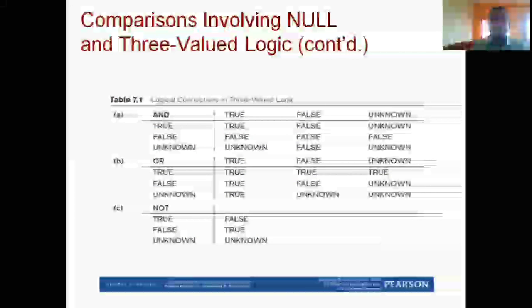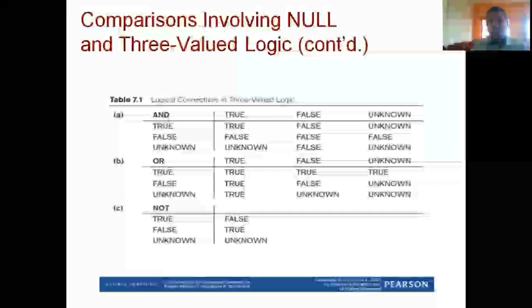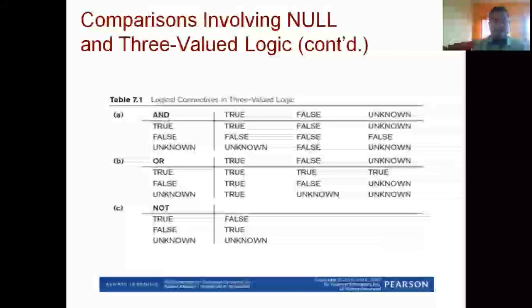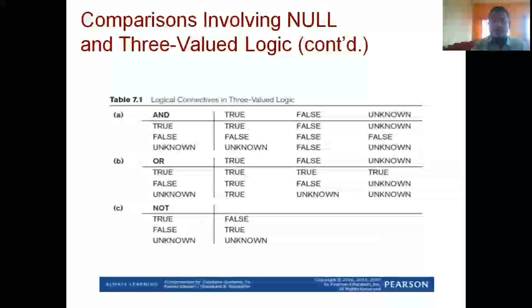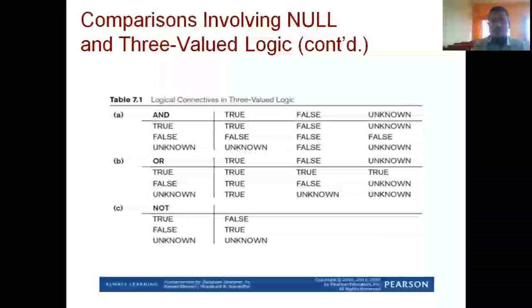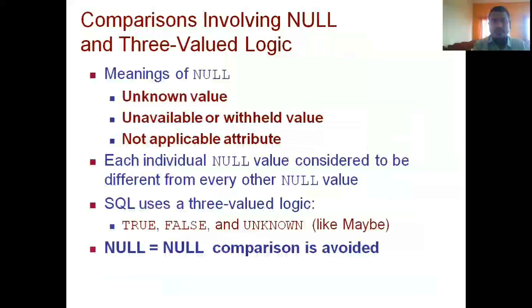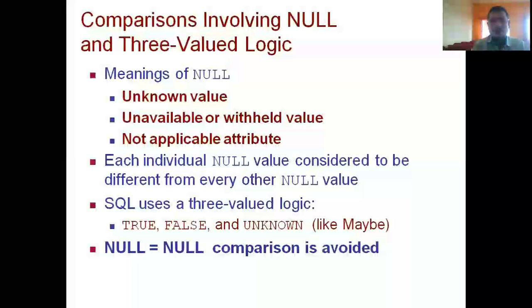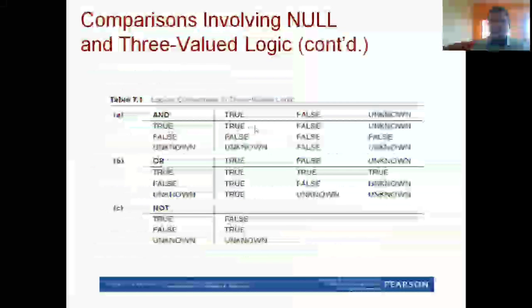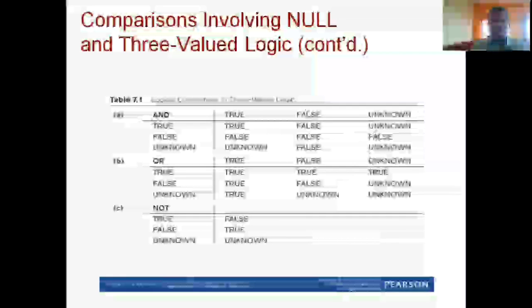Comparisons involving null and three-valued logic. So the logic connectives in three-valued logic are and, or, and not. So and, or, not, as we discussed, this is true, false, and unknown. Same thing here also: true, false, and unknown.